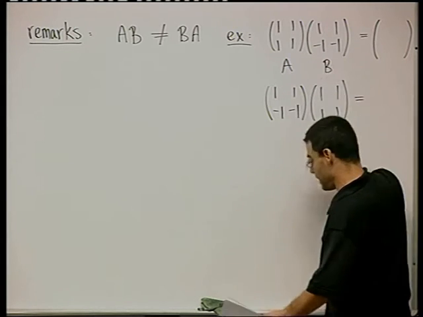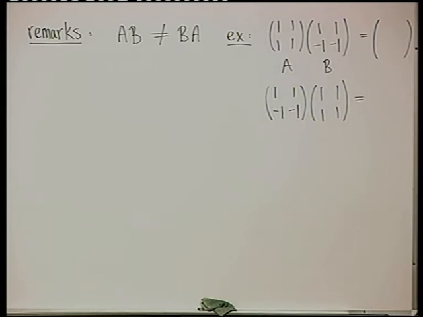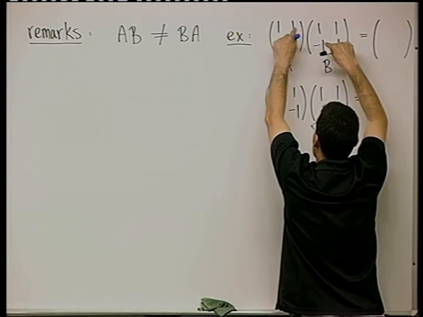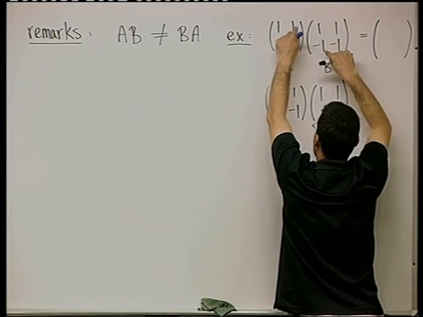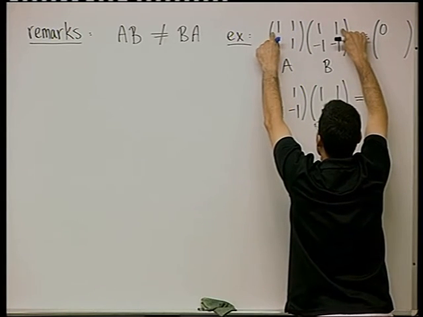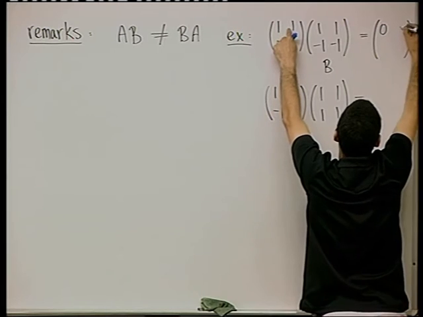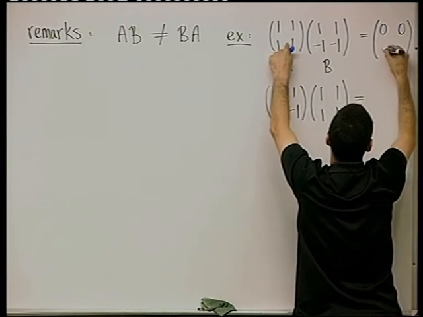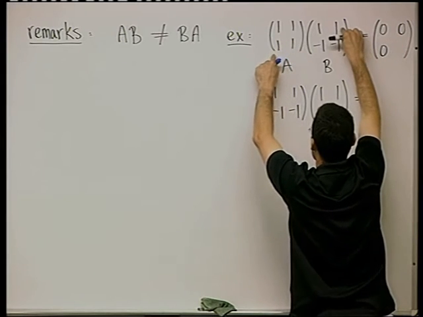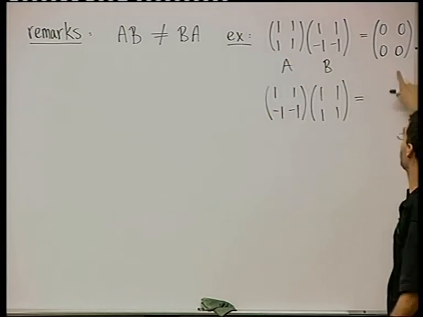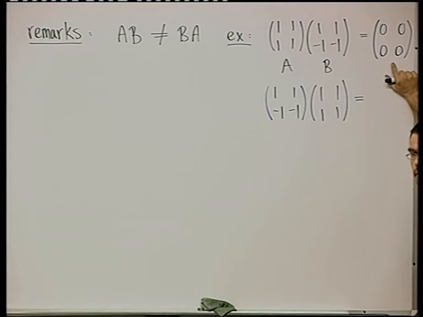So here we get, tell me if you agree, 1 times 1 plus 1 times negative 1, 1 minus 1, 0. Again 1 times 1 plus 1 times negative 1, 0, and so on. It turns out that the product of these two matrices is 0.